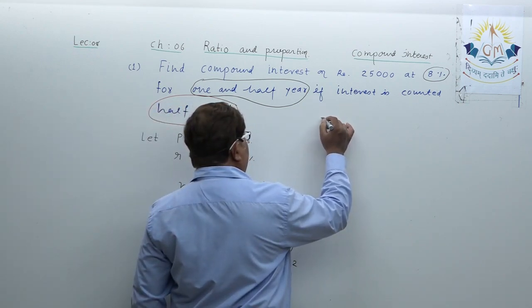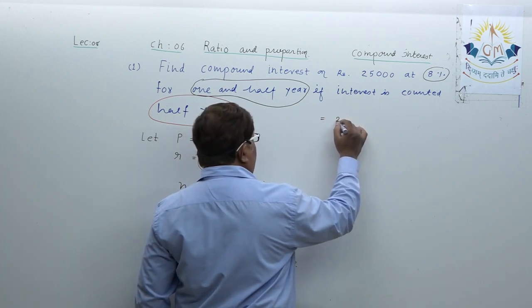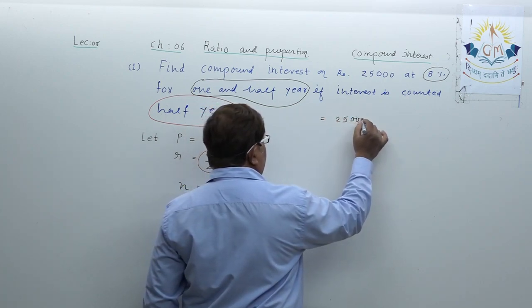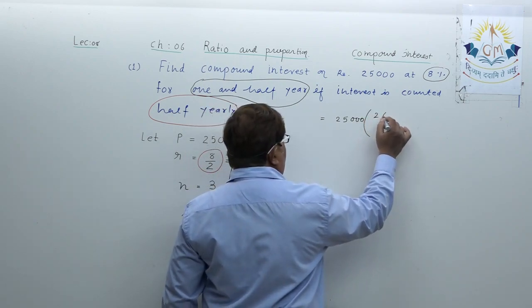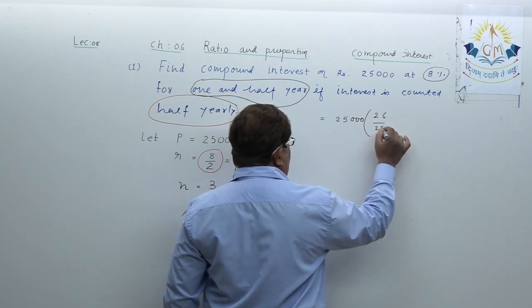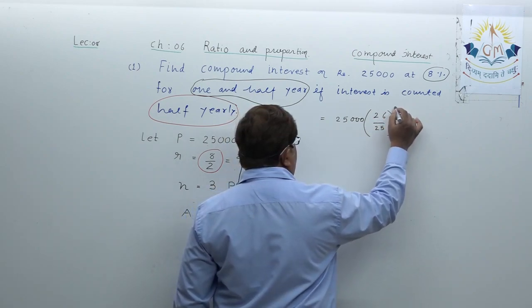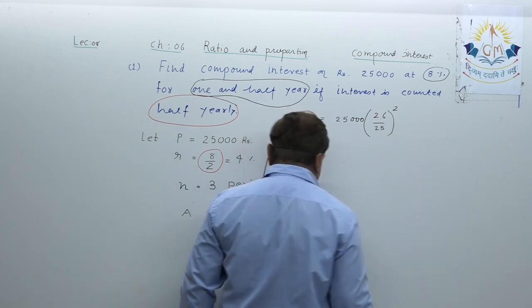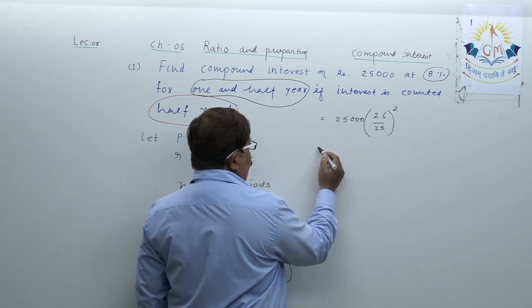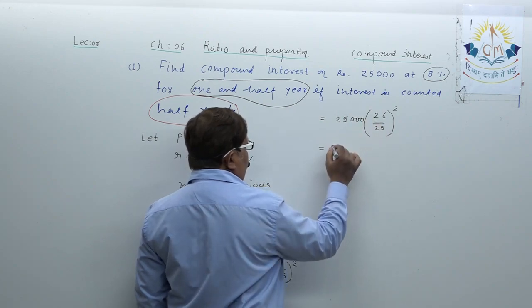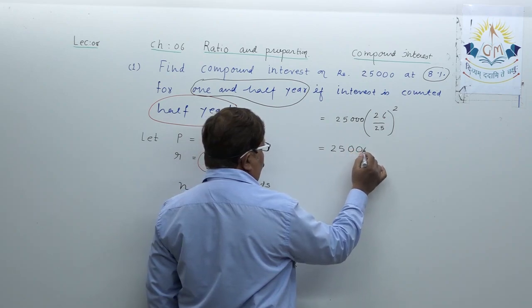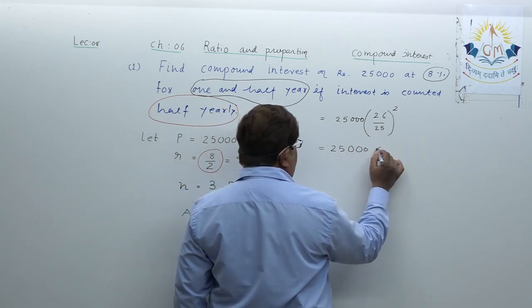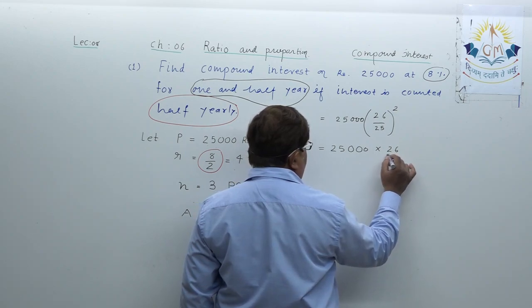Let me continue here. 25,000 into 26 upon 25 whole square, because the power is 2, so you will repeat 26 upon 25 twice.